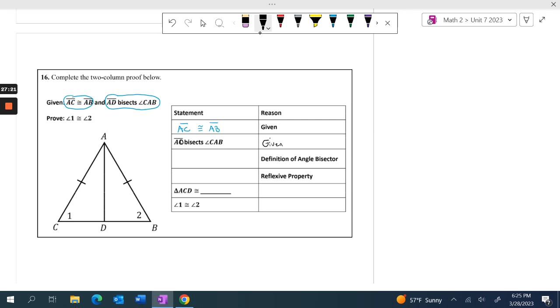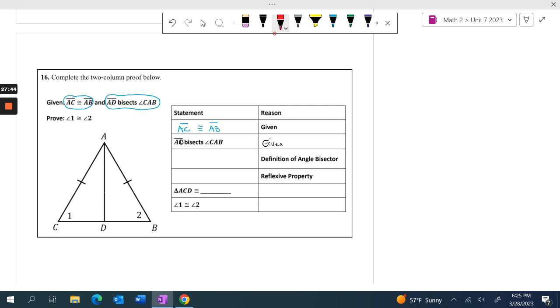Okay, now, this second statement, A to D, that means that line right there, AD, bisects angle CAB. Angle CAB is that big angle up at the top. When you bisect something, you cut whatever's being bisected, angle CAB, into 2 smaller equal angles.